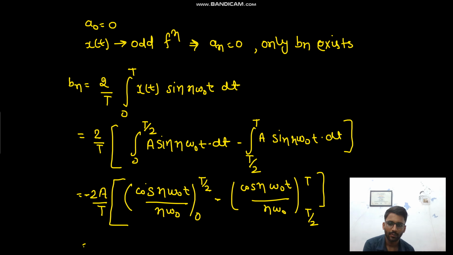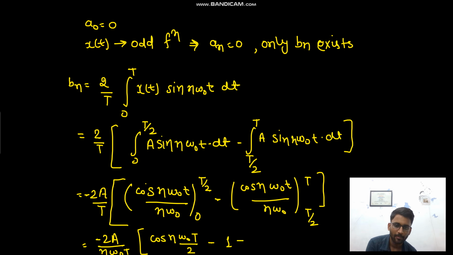Okay, so here we have minus 2A by n omega naught T times: cos(n omega naught T by 2) minus cos 0, which is 1, minus cos(n omega naught T) plus cos(n omega naught T by 2).